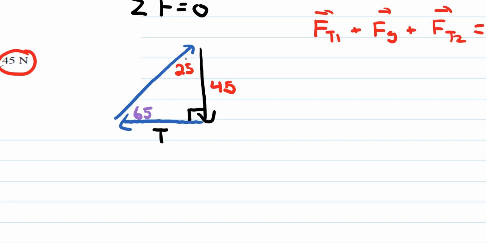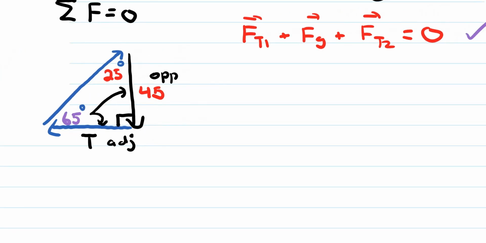We have angles, and we also have a side. It doesn't really matter what angle we use, but let's just use 65 degrees. The 45 is going to be the opposite, and this side is going to be the adjacent. If I have my opposite and my adjacent, I'm going to be using tan of the angle. So tan of the angle is equal to opposite over adjacent.